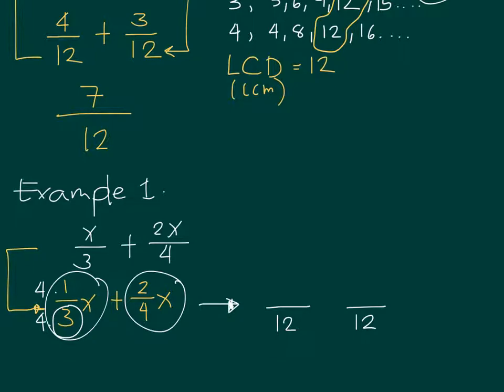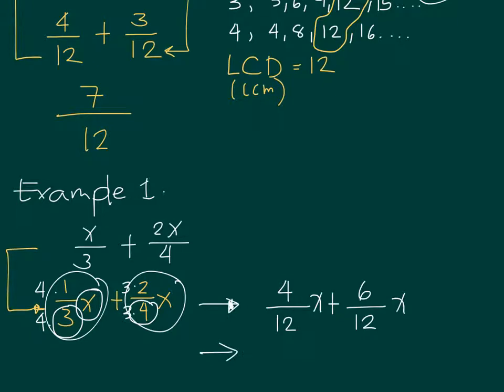So it's 4 times 1, so it's 4, but we're working with algebraic expressions in which the variable is x. So we have 4x over 12, and then add now. This 4, to become 12, we should multiply by 3, so the numerator should also be multiplied by 3. So you have 6 and then the x.